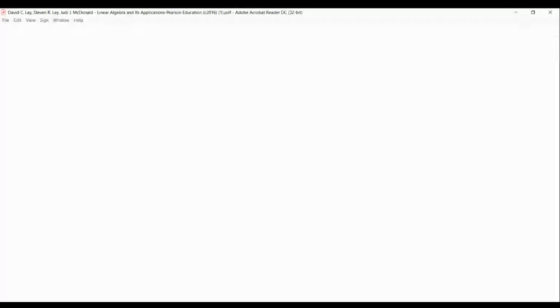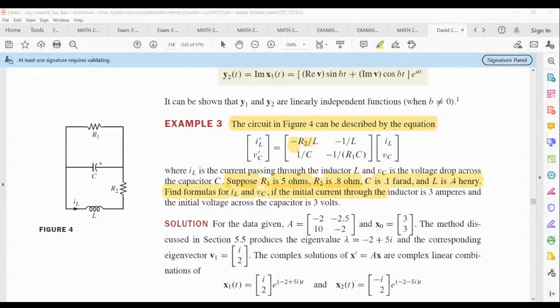Hold on, let me get it back. Okay, good. For the first entry, negative R2 over L, well, R sub 2 is 0.8 ohms, and L is 0.4 henries. So 0.8 divided by 0.4 is 2, and that's how you get the -2 here. And you can find the rest of the entries similarly.